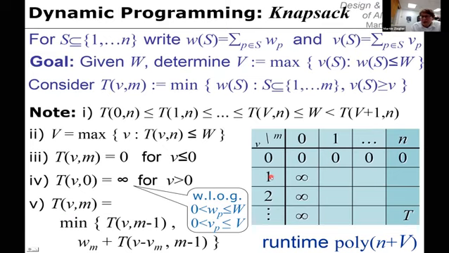And since each cell, each entry can be filled in polynomial time using that recursion, and since the number of columns is polynomial in n, it is actually equal to n, the running time of the algorithm is dominated by the number of rows in this matrix. And we fill the matrix until the row number V, capital V, where this is the quantity we're actually looking for.